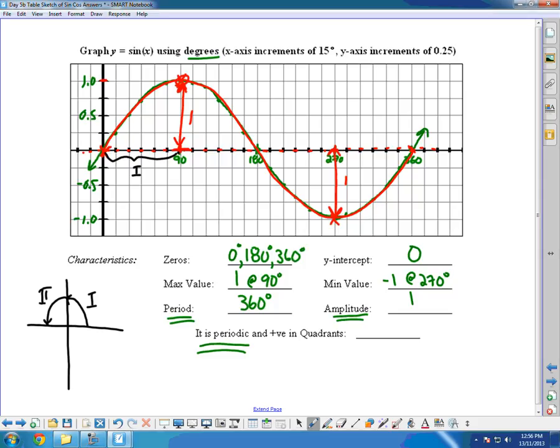This is quadrant 2. Then this is quadrant 3, and this is quadrant 4. What I'm curious about is when it's positive. Well, from the graph, you see it's all above the axis in the first two quadrants.